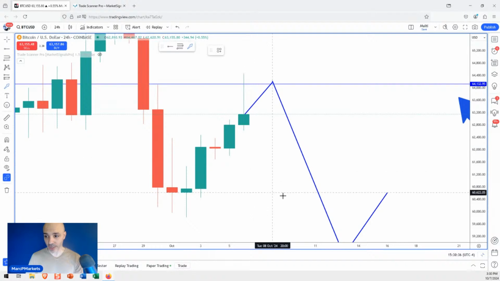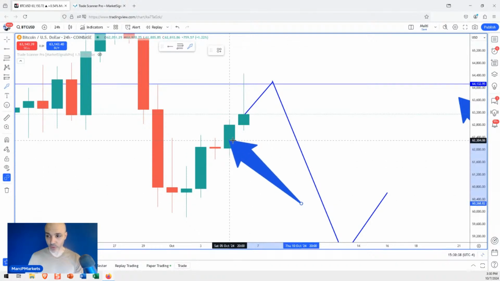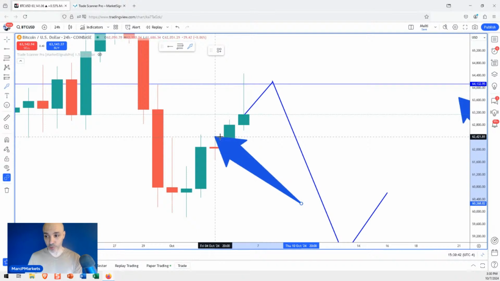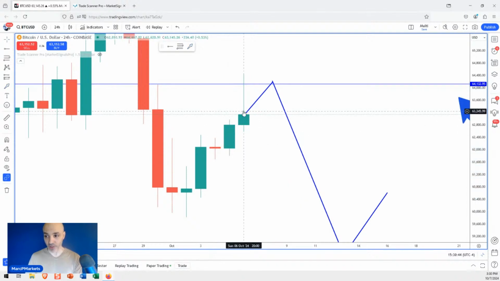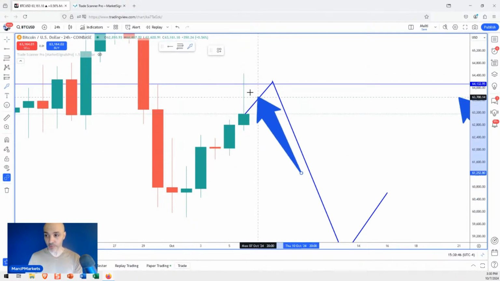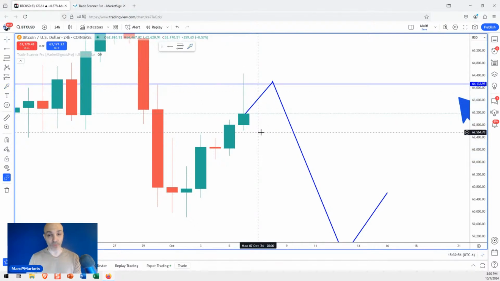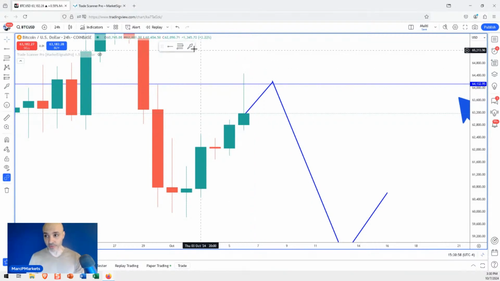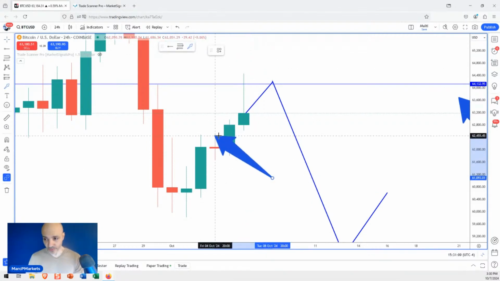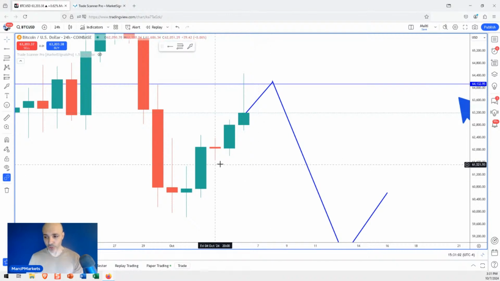In a situation like this, with the Trade Scanner Pro, you're looking for continuations, because you got a buy signal. So it's likely to work its way higher, and you can anticipate how high because there's a resistance up there. 64K is a key resistance. That's if you're the day trader. But if you're the swing trader and you take this trade, you have no way of measuring your risk really.